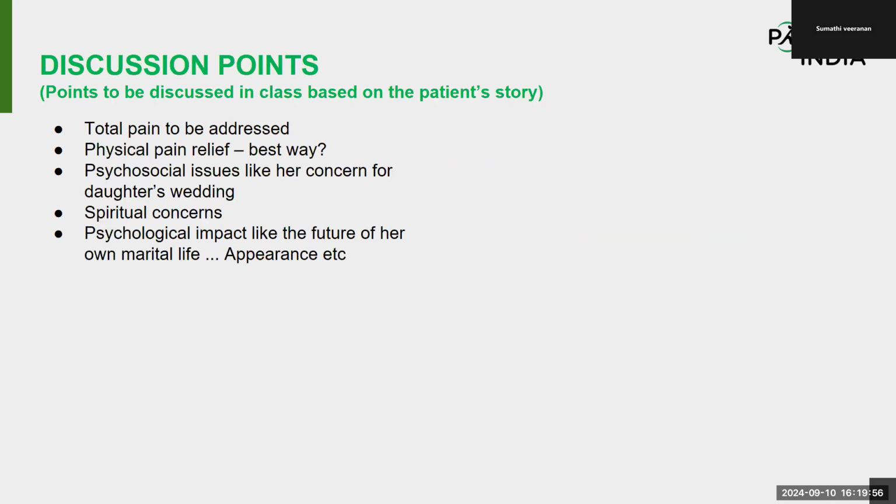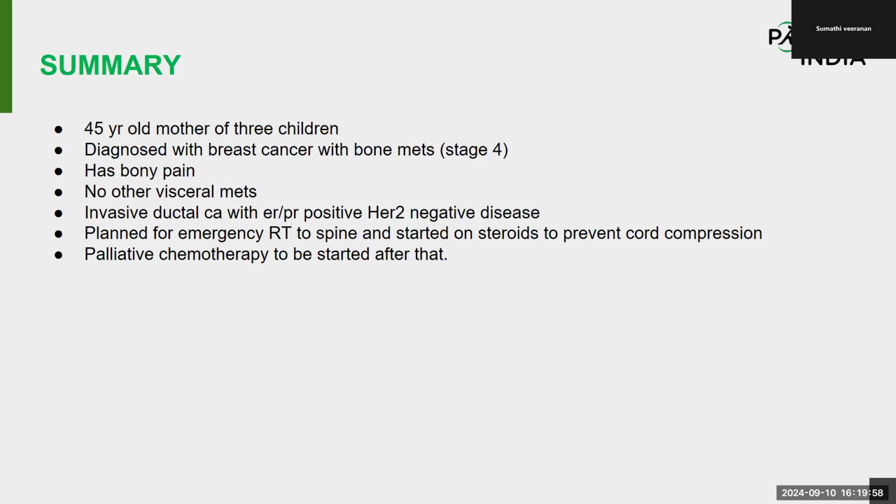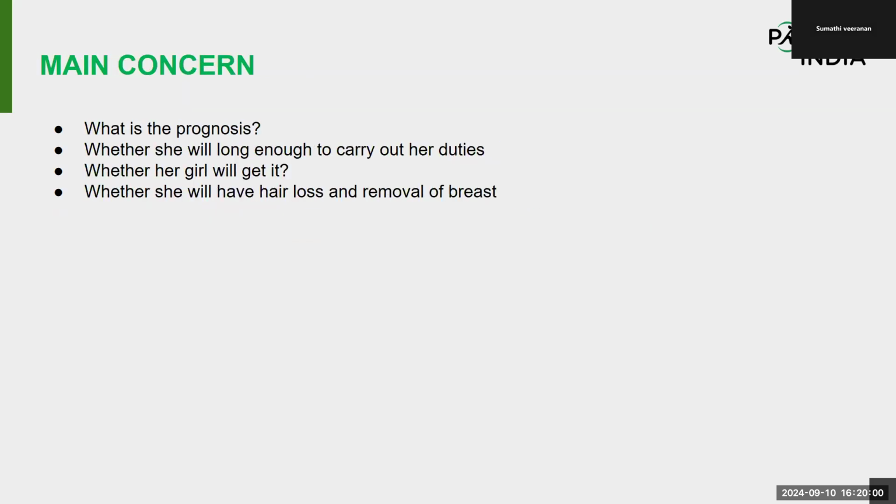So, main concerns: what is the prognosis? Whether she will live long enough to carry out her duties, whether her girl will get married, whether she will have hair loss and removal of breast.